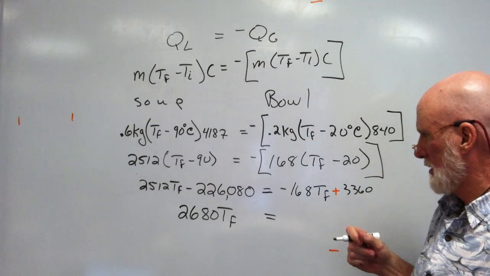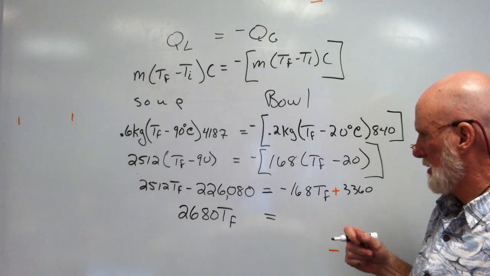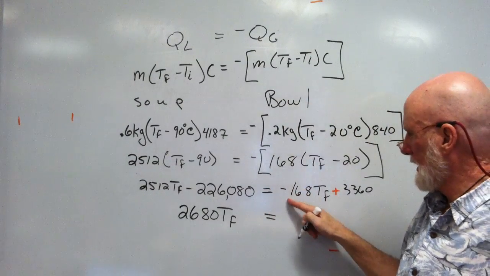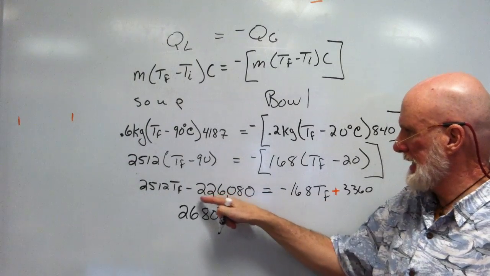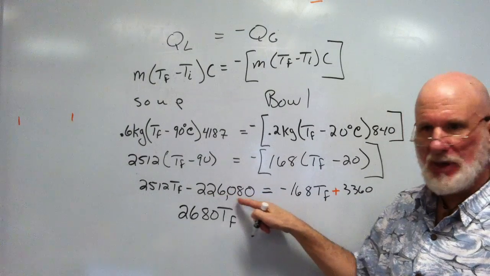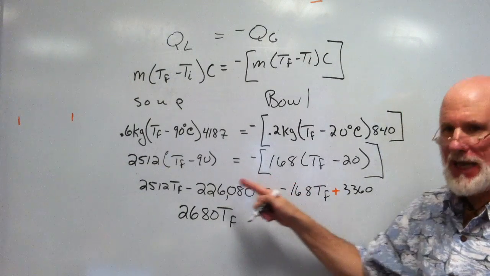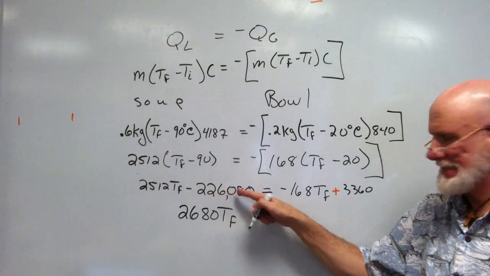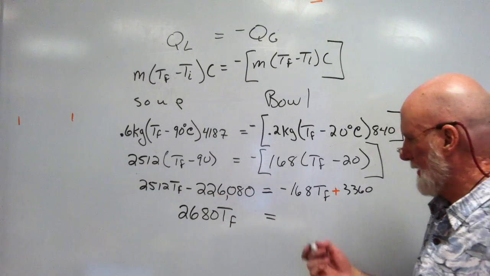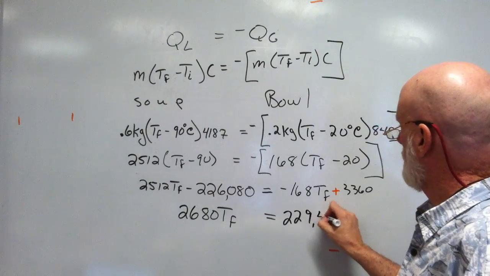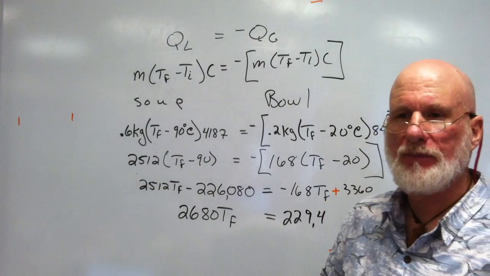So it'll be 3,360 plus 226,080, and you get 229,440.